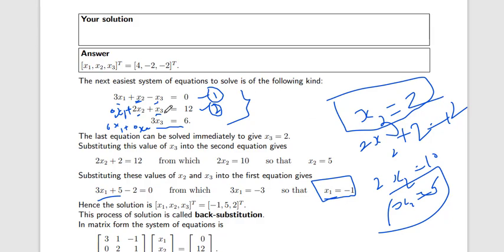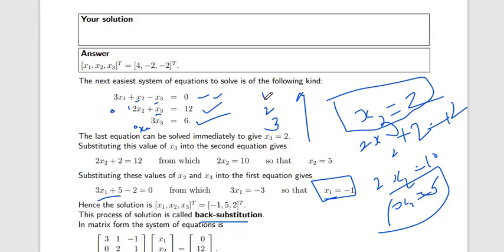Now this process of solution is called back substitution. Why back? Because we solve first with the third equation, and then the second and then the first. Back substitution: third, second, and first. If we first solve the first equation, then second, then third, it's not called back substitution.